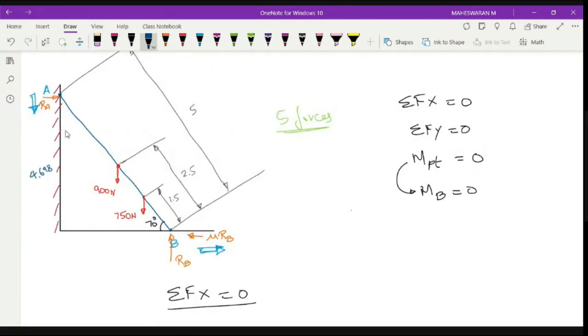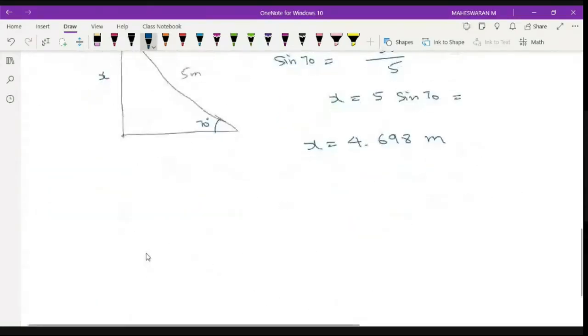Similarly, if this is a horizontal force, I need vertical distance, whereas here is a vertical force, so I need horizontal distance, right? So I'm going to do that also separately. So let me consider this one. So it is like this.